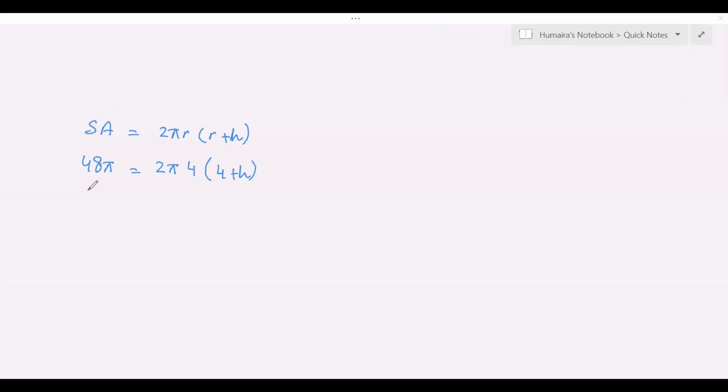When we shift it to the other side, it will be in division. So 48 pi over 2 pi 4.